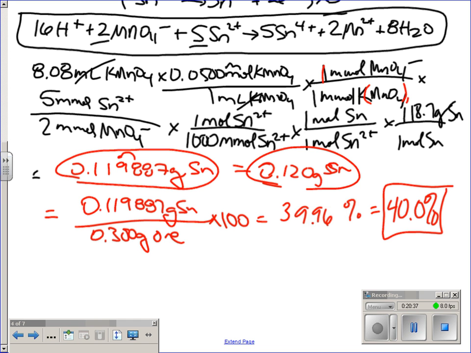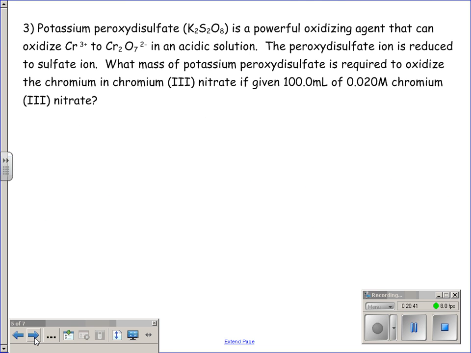One more, and I'm going to talk you through this one too because it's a little bit wordy. Potassium peroxydisulfate. Remember I told you I knew what S2O8 was? Peroxydisulfate is a powerful oxidizing agent that can oxidize chromium-3 to dichromate. We don't ever see that, right? We always see the opposite. All right, so what's one half reaction? Okay, so that's one half.